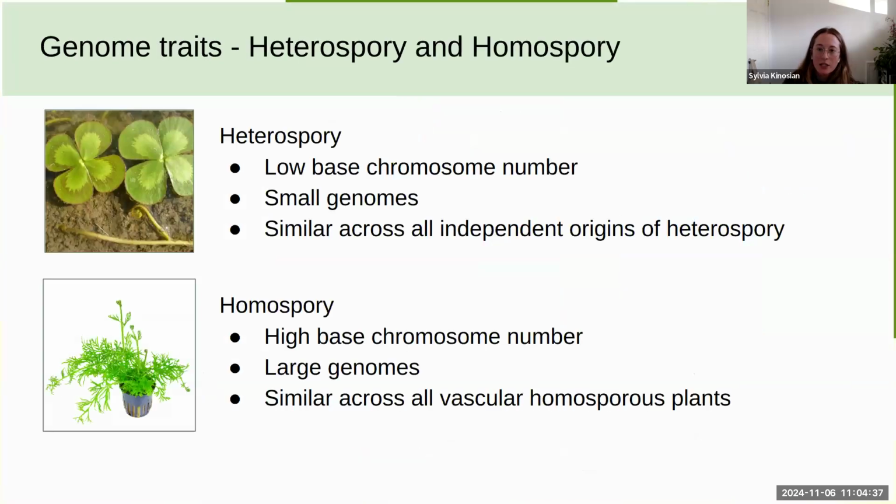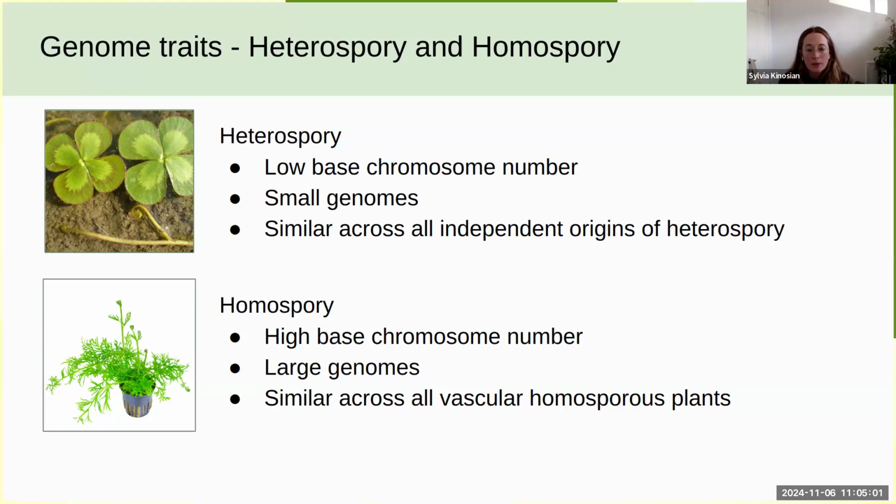What's really interesting with these two different life history strategies is that they are accompanied by really unique transitions in genome traits. In all three extant heterosporous lineages, we see low base chromosome numbers and small genomes. Think of the small, dynamic genomes of angiosperms. The heterosporous lycophytes and ferns also share those genome traits.